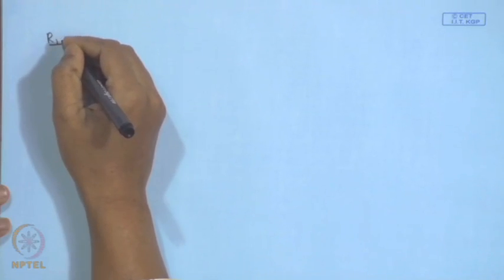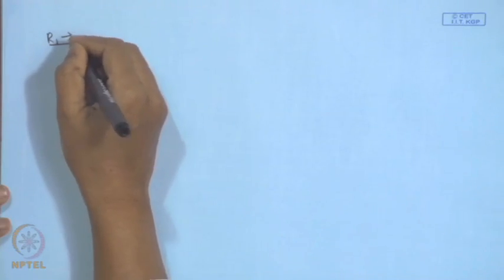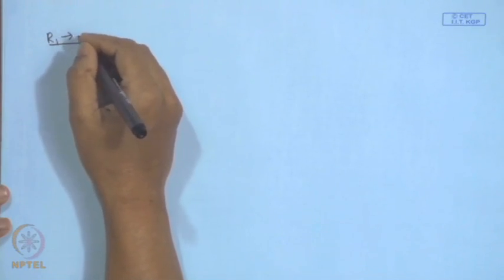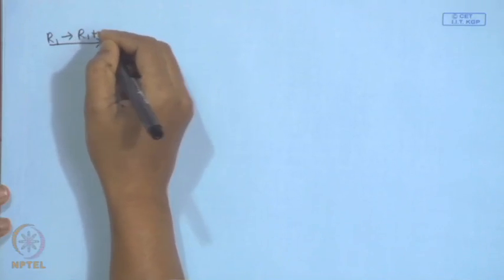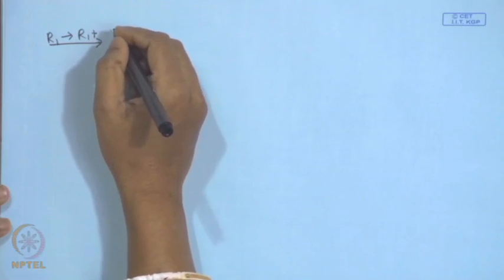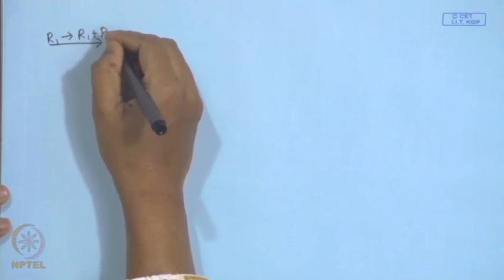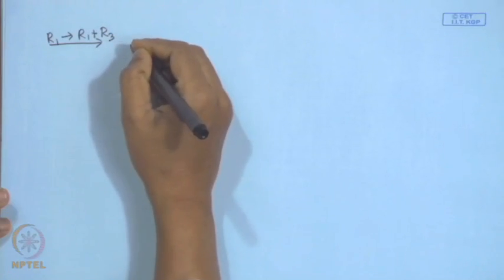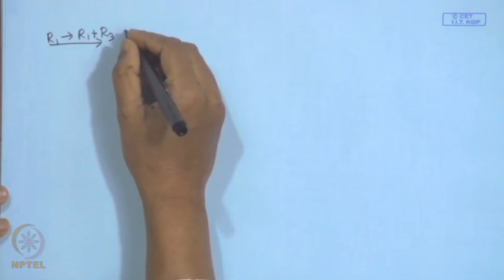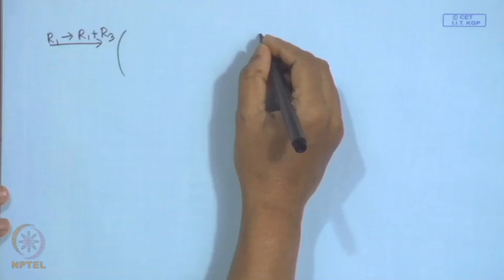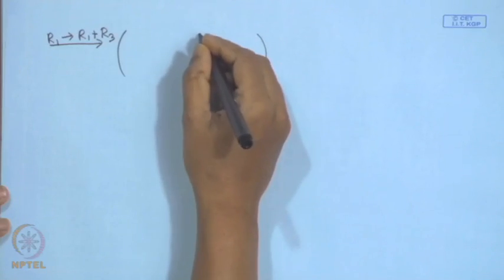R1 replaced by R1 plus R3, to make the third entry of the first row 0.